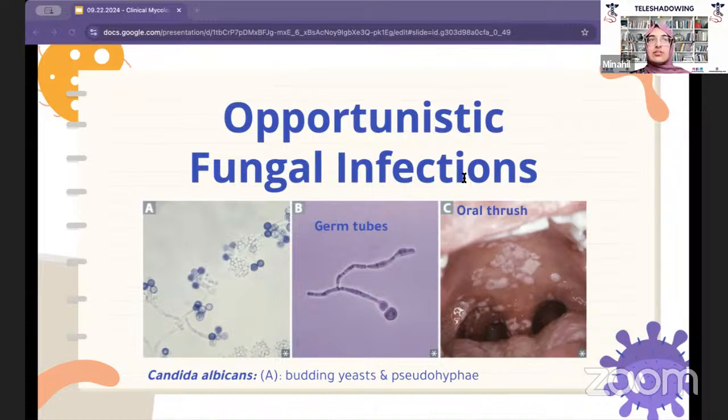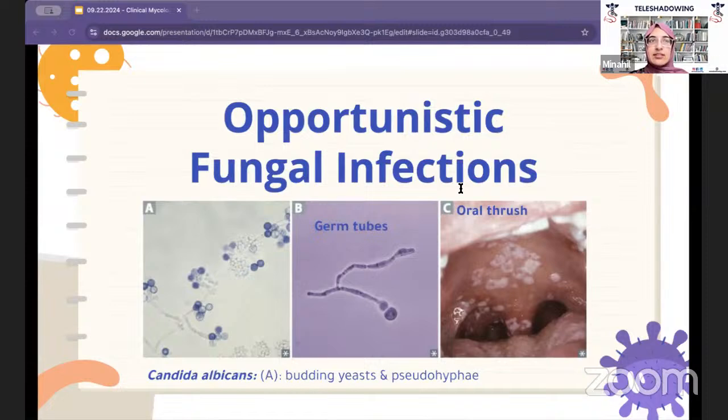Opportunistic fungal infections basically occur when fungi, which are normally harmless, take advantage of weakened immune systems to cause illness. These infections typically affect immunocompromised individuals, such as those who have HIV or AIDS, cancer, and also diabetes. One example is something I've already mentioned earlier in the lecture called Candida albicans, which is a dimorphic fungus that can also form pseudohyphae and yeast cells.